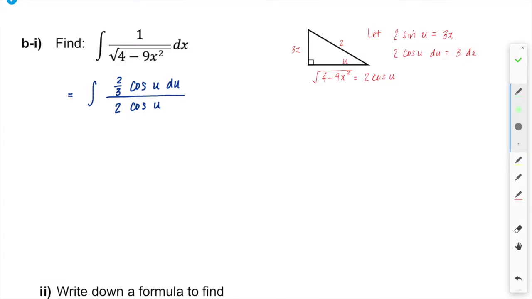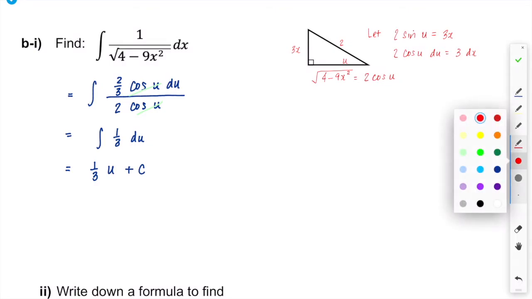This is still going to be something easy to work with. I am going to be taking the integral of 1/3 du really, which gives me 1 over 3 u plus c.